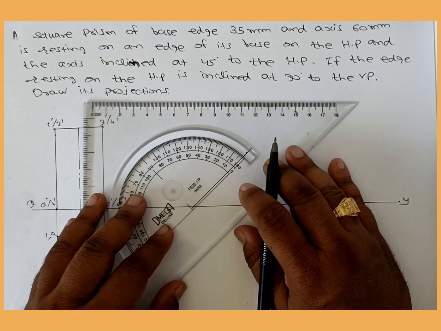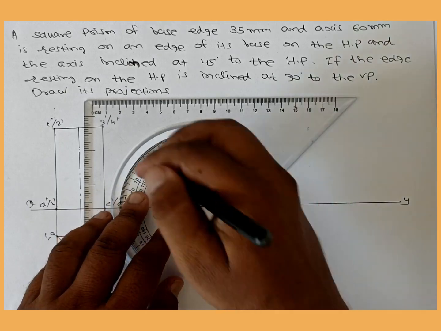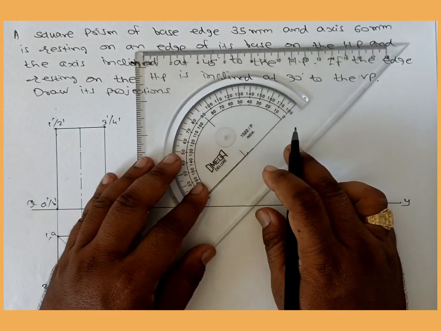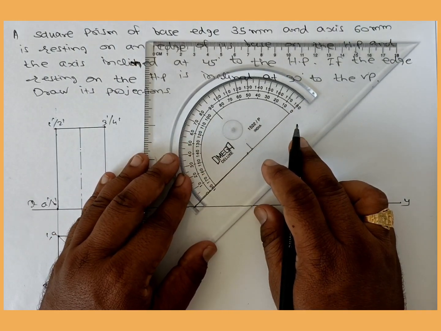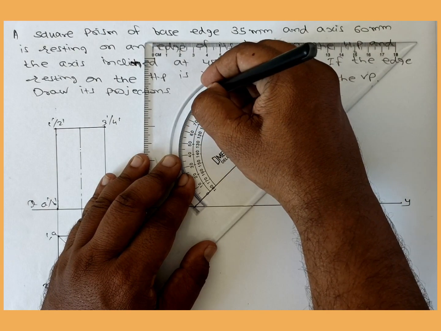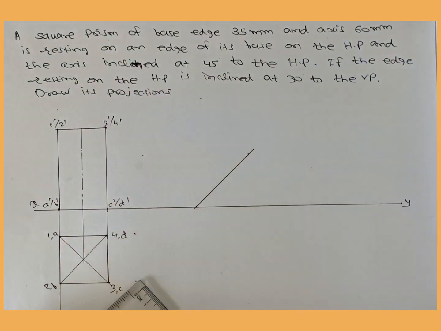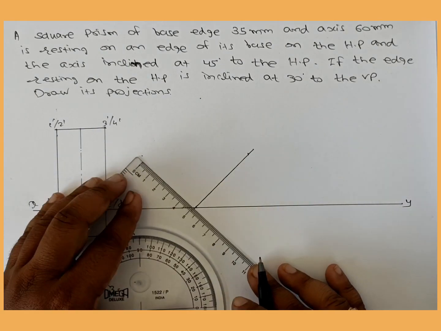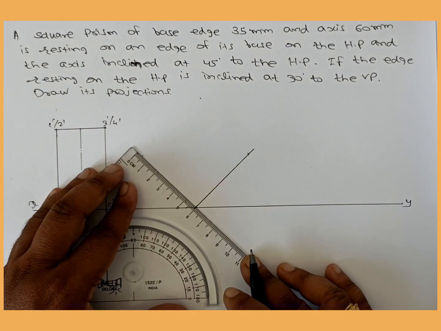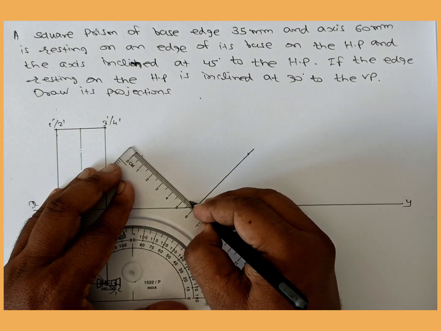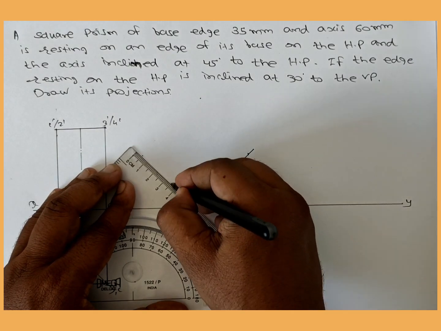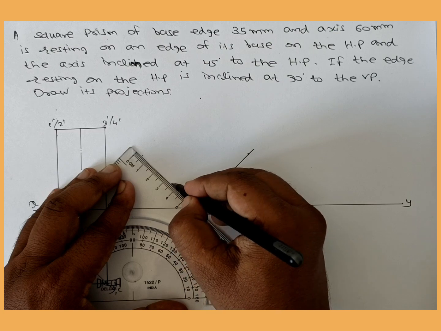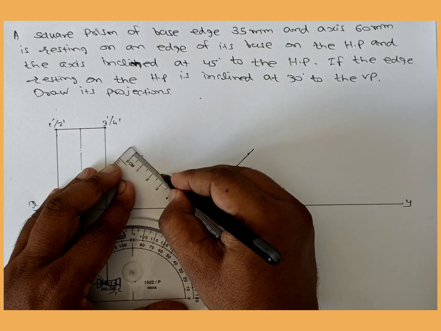Then at 90 degree you have to draw two vertical lines. This is the 35 mm, so we take 35 mm, 1 2 3 and 35 mm.